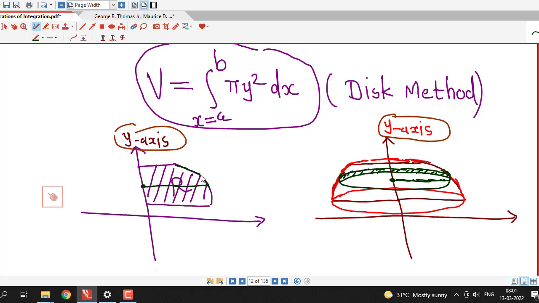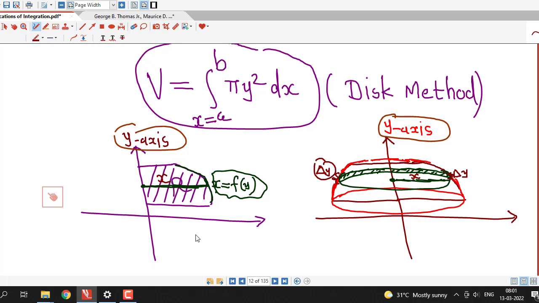Suppose this is the equation x equal to f(y), then the radius of the circular disc will be x equal to f(y), or the radius will be x. x is the radius of the circular disc which we have obtained by taking a cross section perpendicular to the y-axis, and suppose the thickness of the disc is delta y. This is the thickness of the disc and that we denote by delta y.